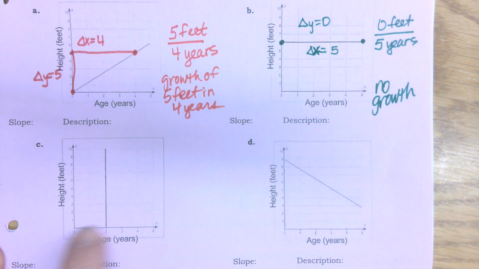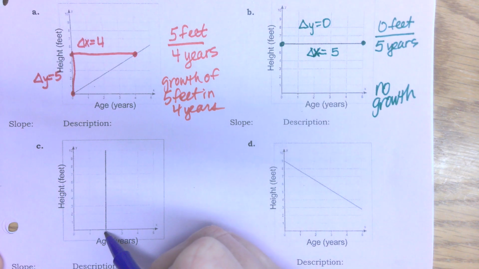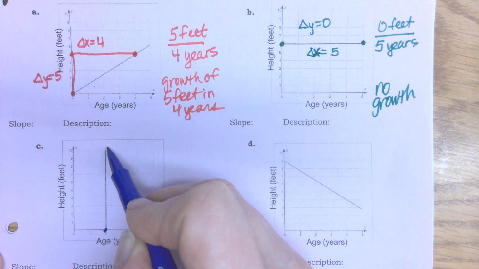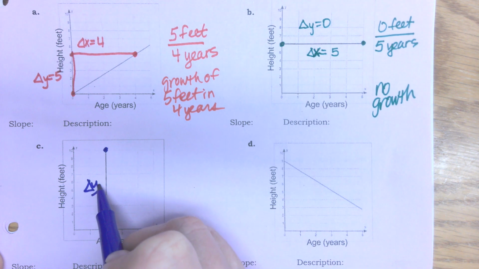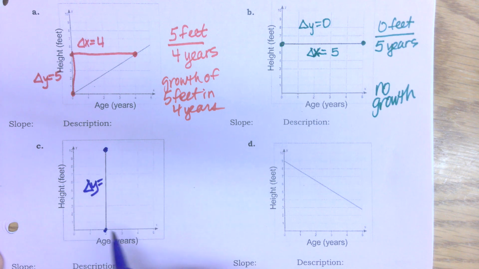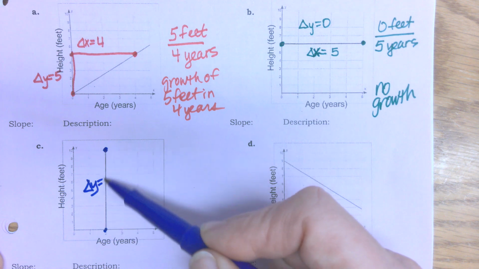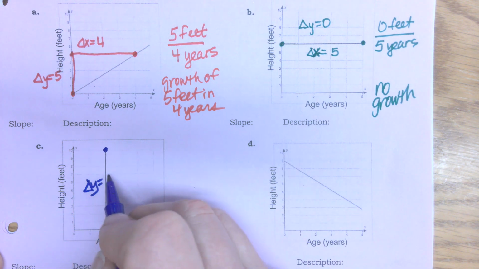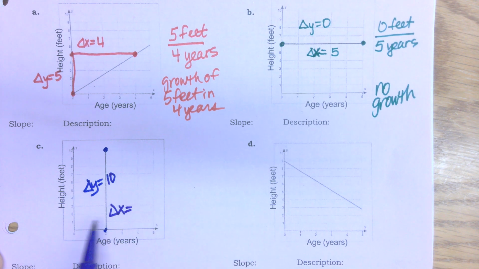Let's do my next one. I'll start here, go up to here. What's delta y? Delta y is 10. What's delta x? Does it move over at all?